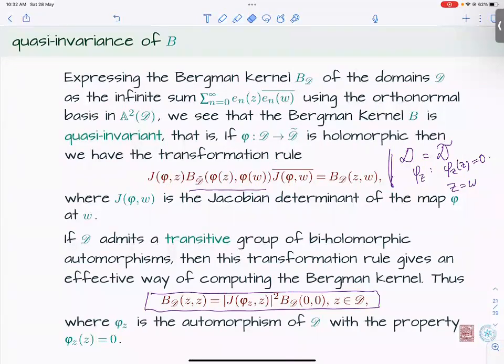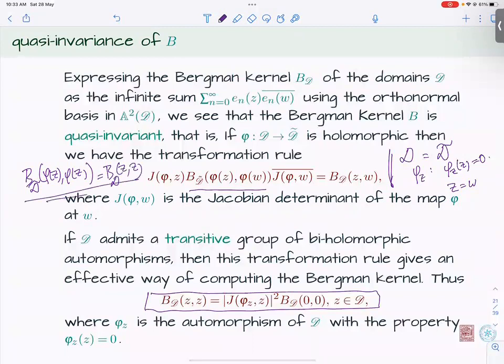What would that mean? That would have meant that B_D tilde of phi_z comma phi_z is actually equal to B_D of z comma z.